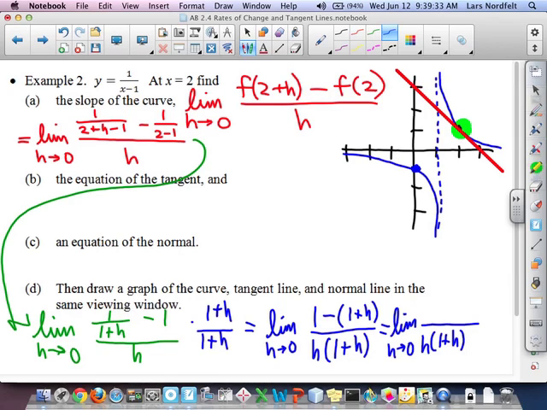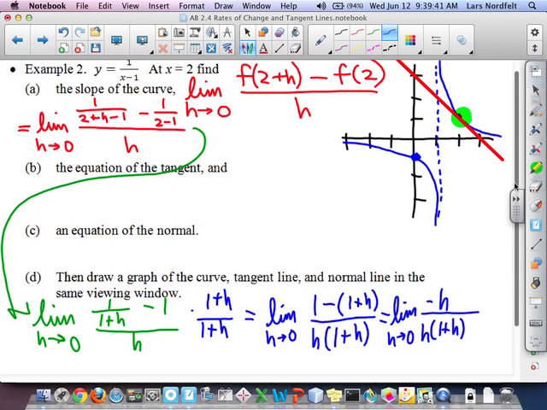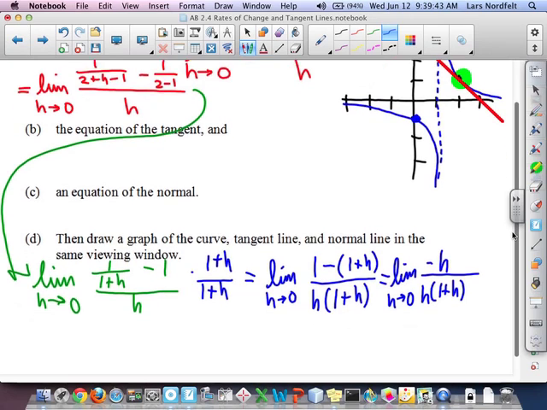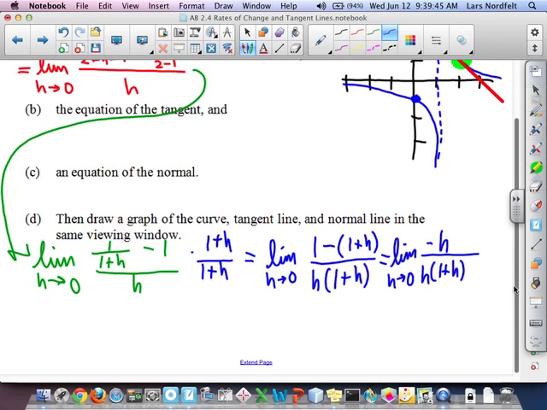The 1 minus the 1 is 0, and then there's a minus h. Any ideas what to do next?